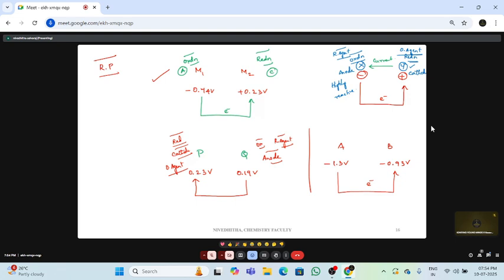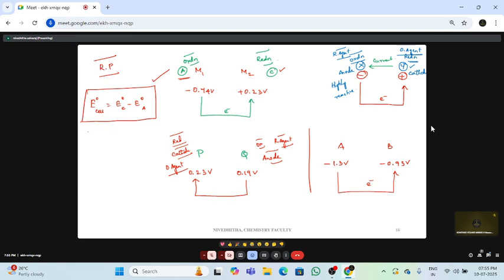For example, if we connect M1 and M2 in a cell, we can calculate the cell potential, and here is the formula. E naught cell is equal to E naught cathode minus E naught anode. So we know that among M1 and M2, the metal M1 is getting oxidized, so this is the anode, and M2 is getting reduced, so this is the cathode.